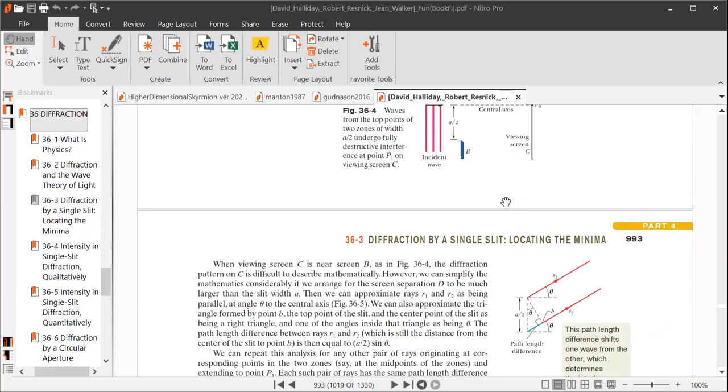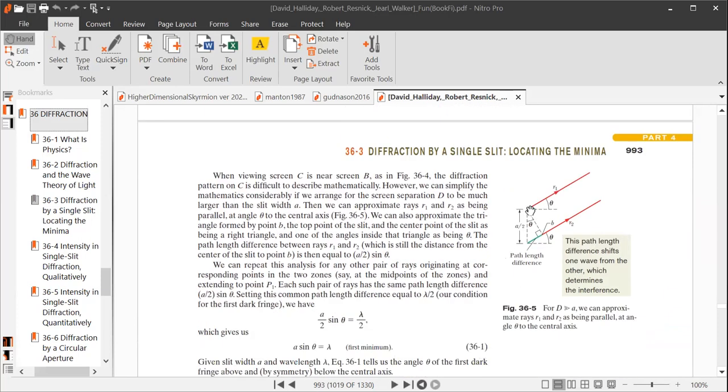This diffraction is caused by the phase difference between all the paths that the light has taken.